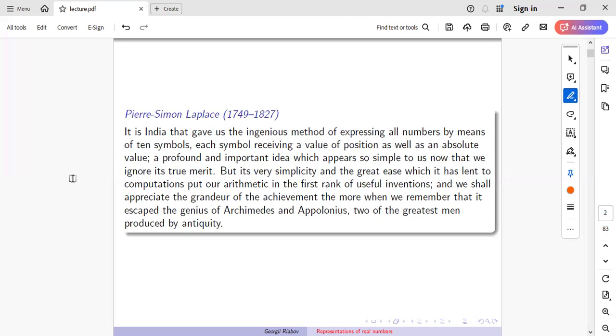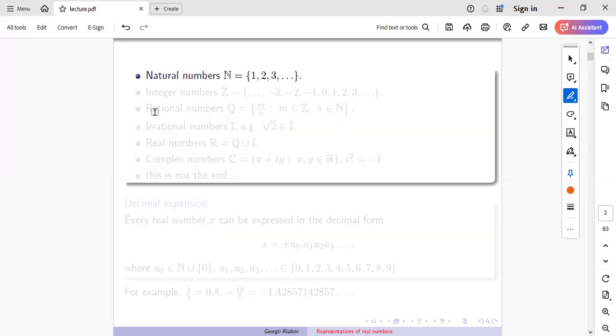What kind of numbers do we know? Of course, you are familiar with natural numbers that we use for counting. Integers that appear when we subtract natural numbers. When we divide integers, we arrive at rational numbers.